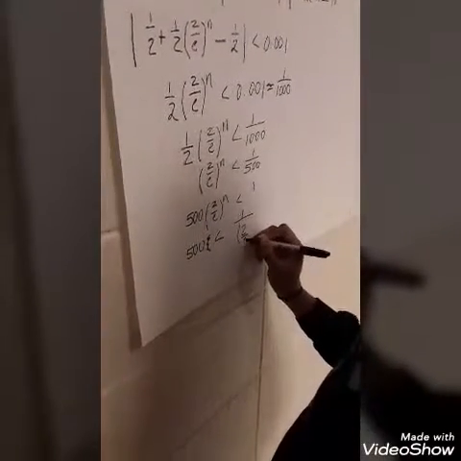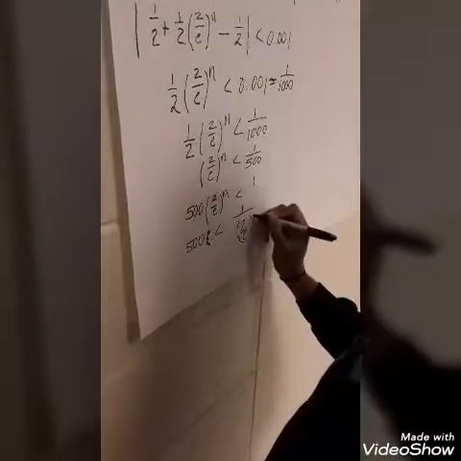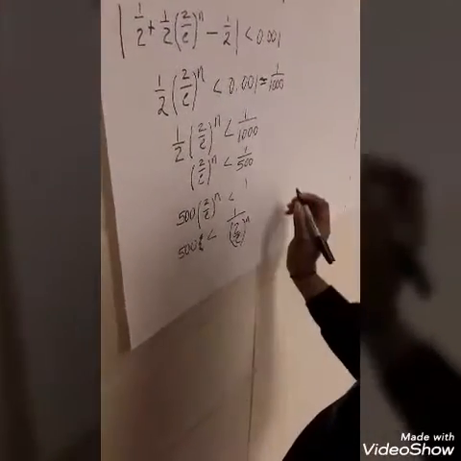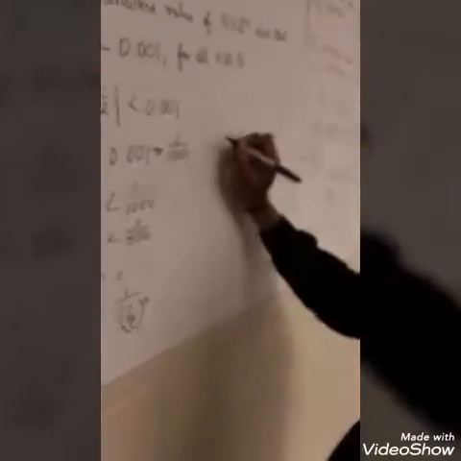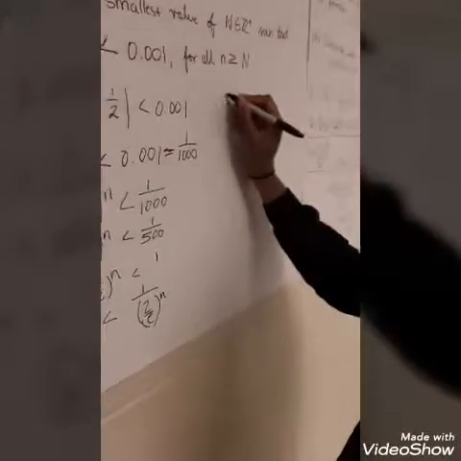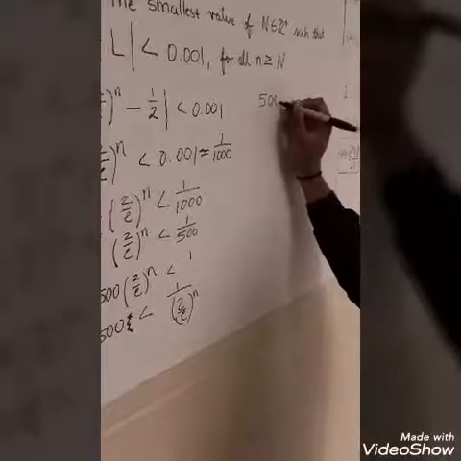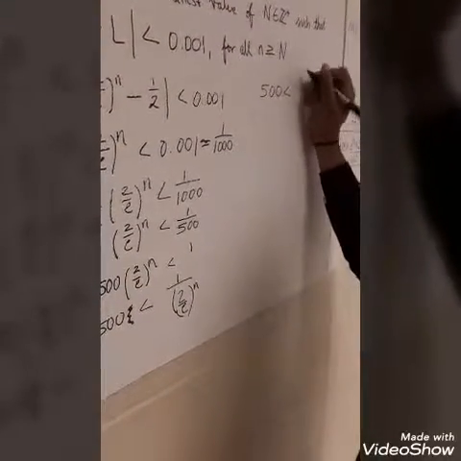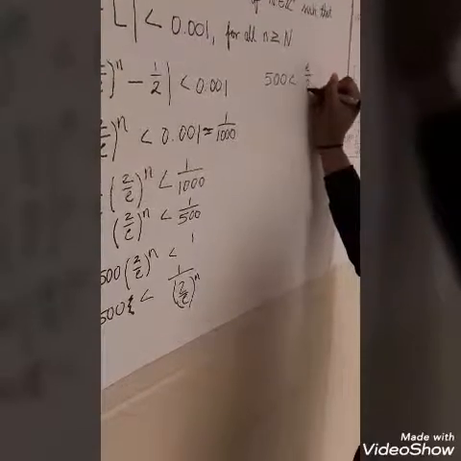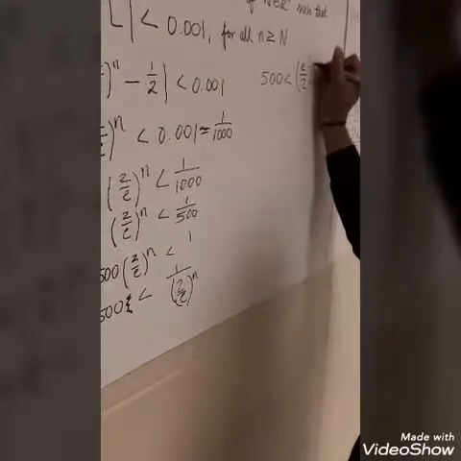So I can write that 2 over e raised to the n is less than 1 over 500. I'm going to move the 500 over to the other side. So then I can say that 500 is less than 1 over 2 over e to the n.